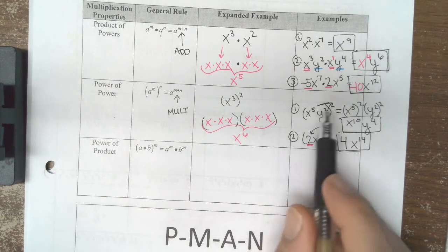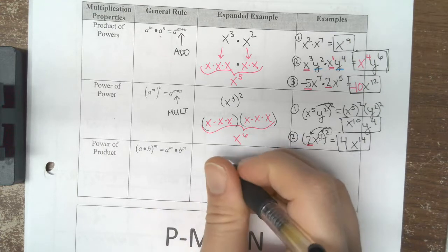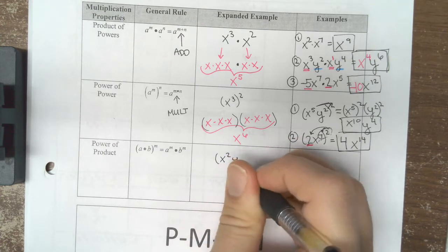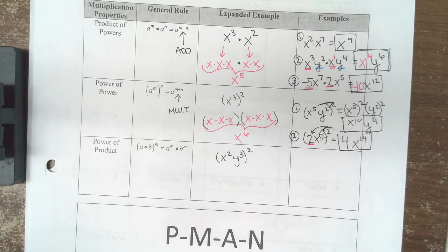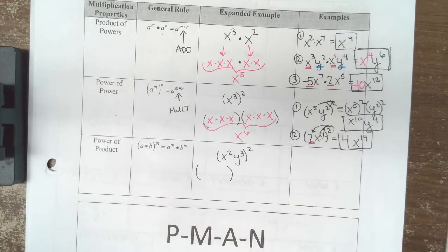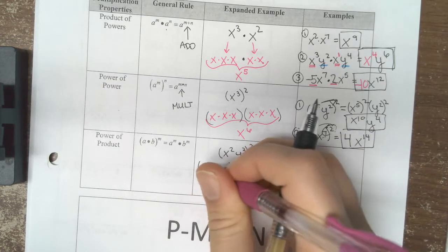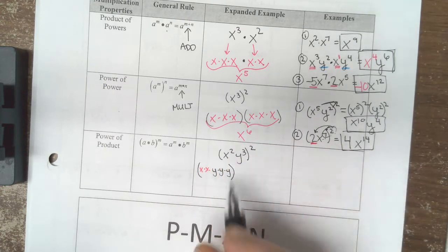The last thing we want to talk about, which really I already did here, is if you have more than one term. So as an example, x squared, y cubed squared. In terms of expanding this, x squared, y cubed would mean I have 2 factors of x and 3 factors of y.